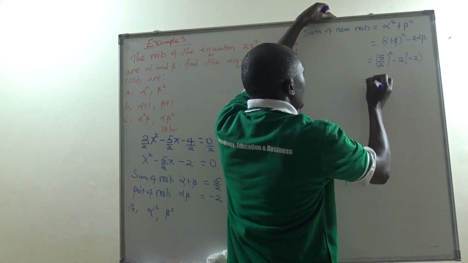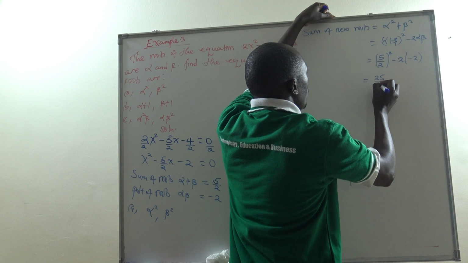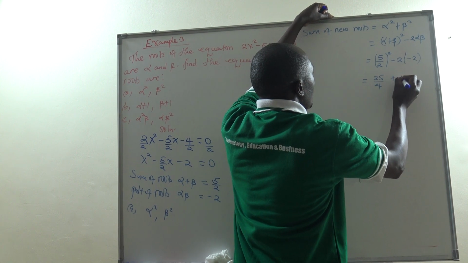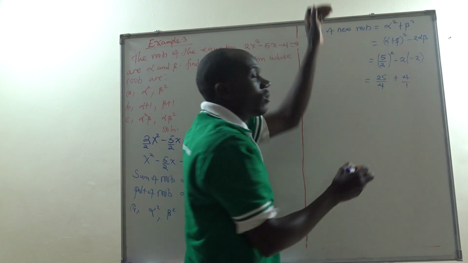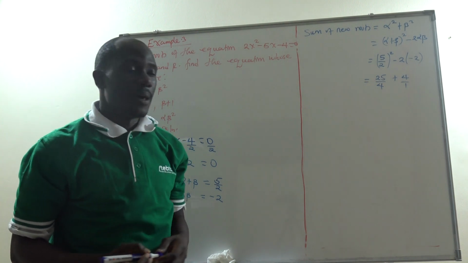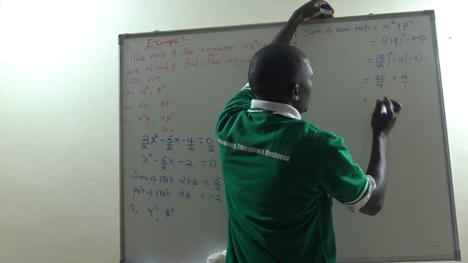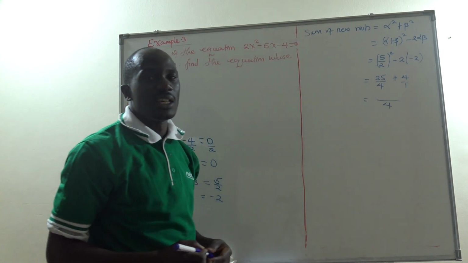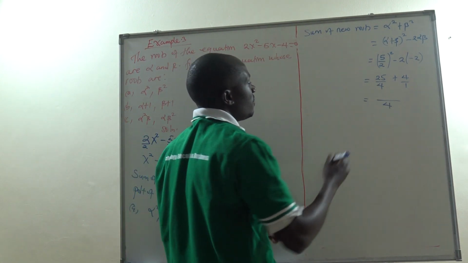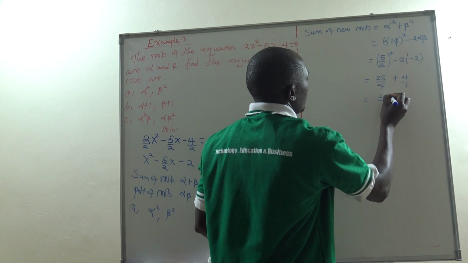So what are we getting? This is 25 out of 4 plus 4 out of 1. We are free to find the LCM. So our LCM equals 4. 4 divided by 4, we get 1. 1 times 25, you come out with 25.